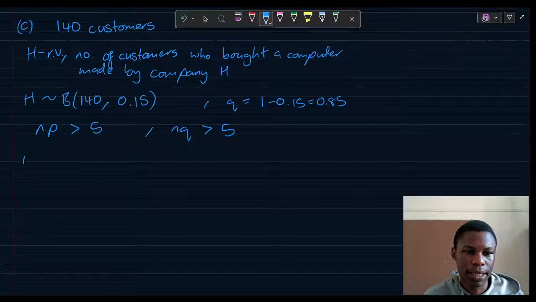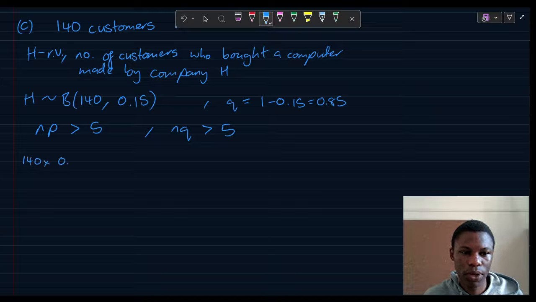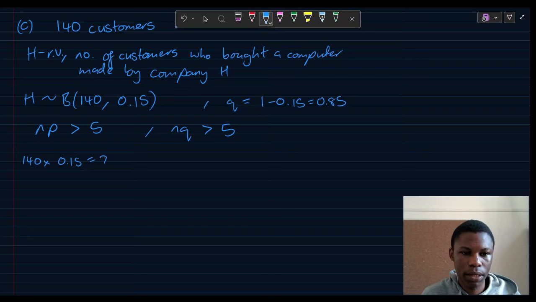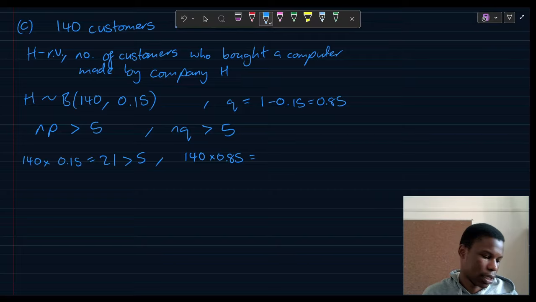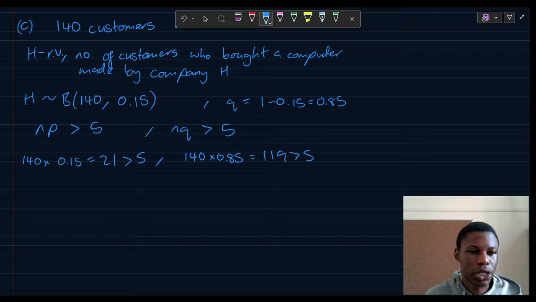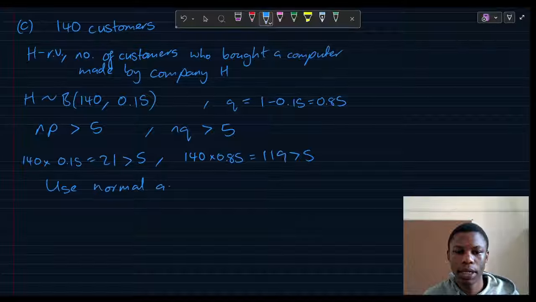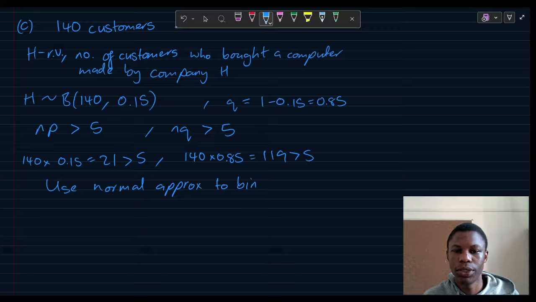So np in this case is 140 times 0.15, which is 21, which is indeed greater than 5. And nq becomes 140 times 0.85, which is equal to 119, and this is indeed greater than 5. So we can use a normal approximation since the conditions are met. Use normal approximation to the binomial distribution.